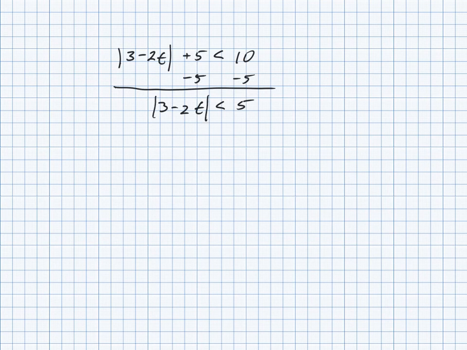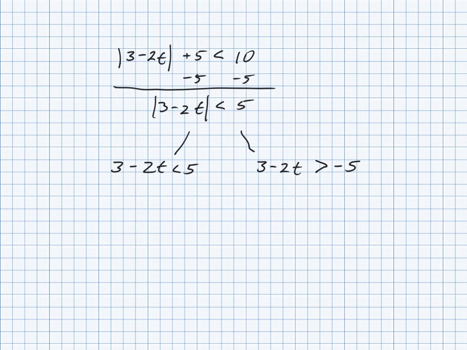Now, once the absolute value is by itself, we can split it off into two inequalities. The first one, again being the easy one, 3 minus 2t is less than 5. The second one, we need to remember to flip the sign and change the sign of the 5. So it's going to be greater than negative 5.